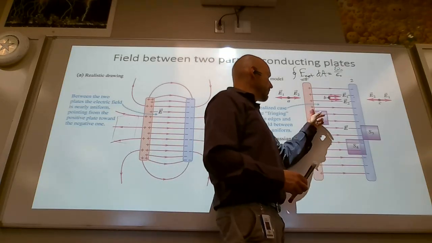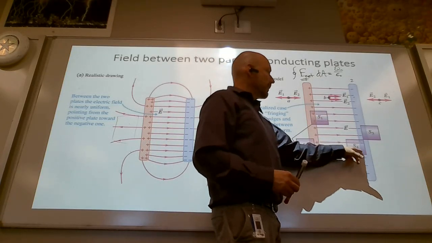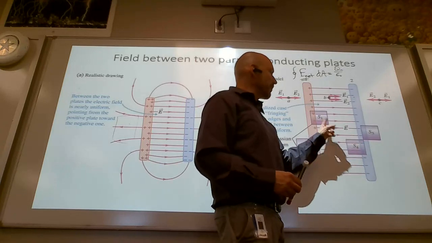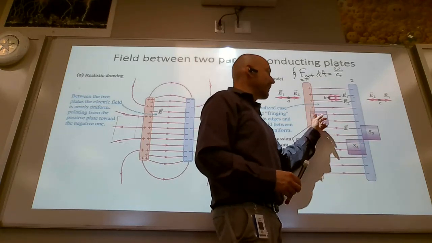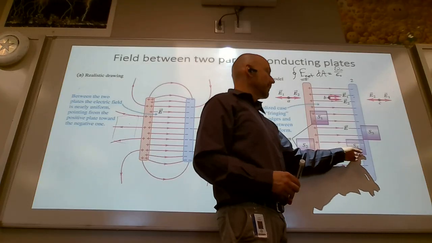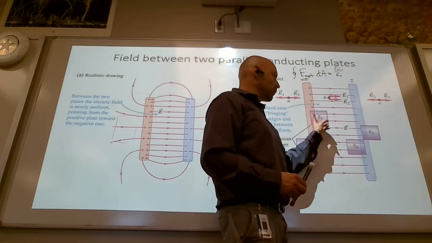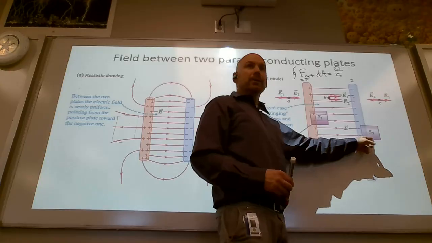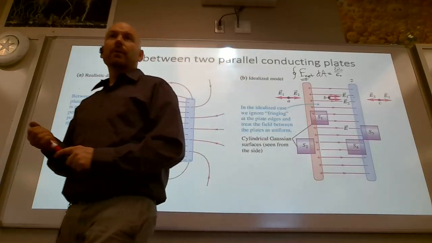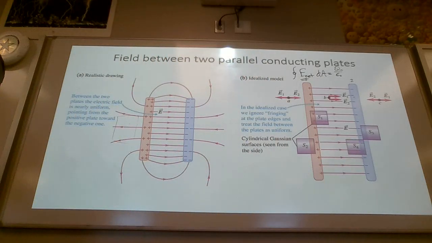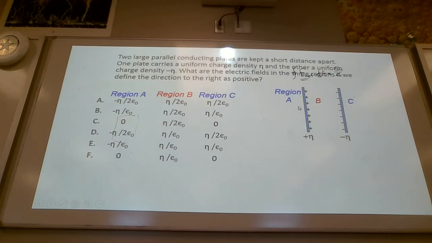Here the charge enclosed is this. Here the charge enclosed is this. You're going to get identical results for the net electric field. You don't have to do both of them. It's just one or the other. And then out here it's 0. Right with that? So nu is sigma, the surface charge density.